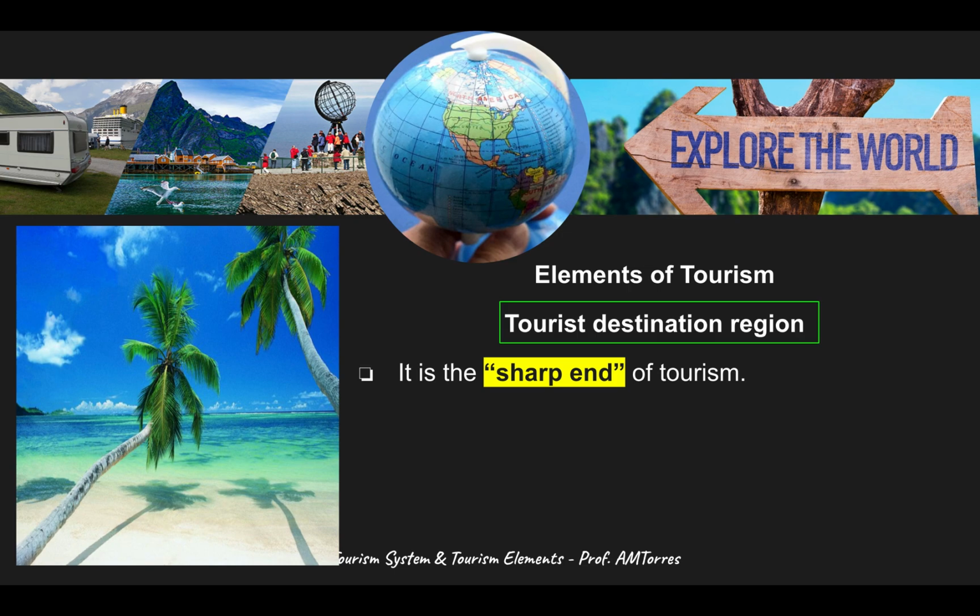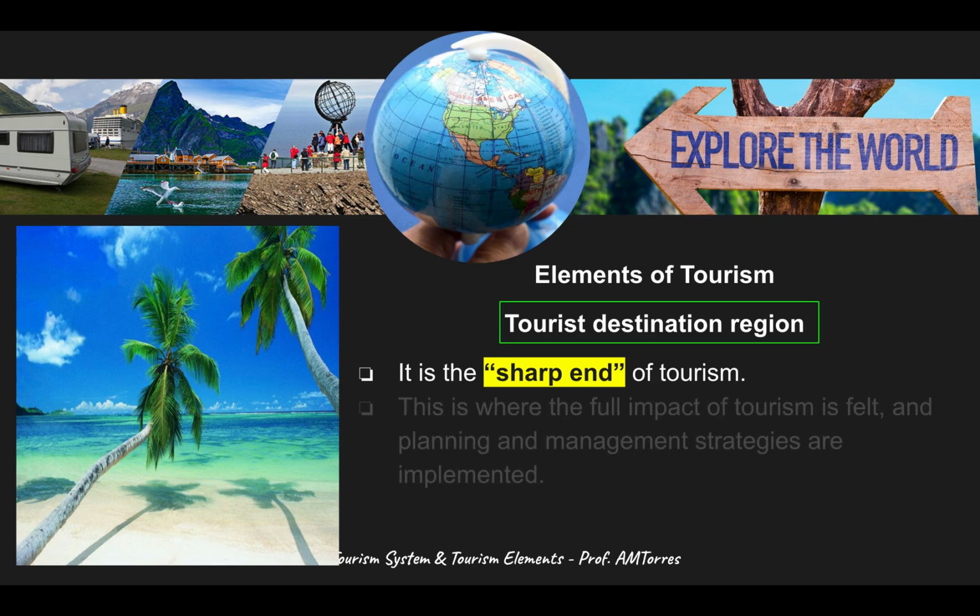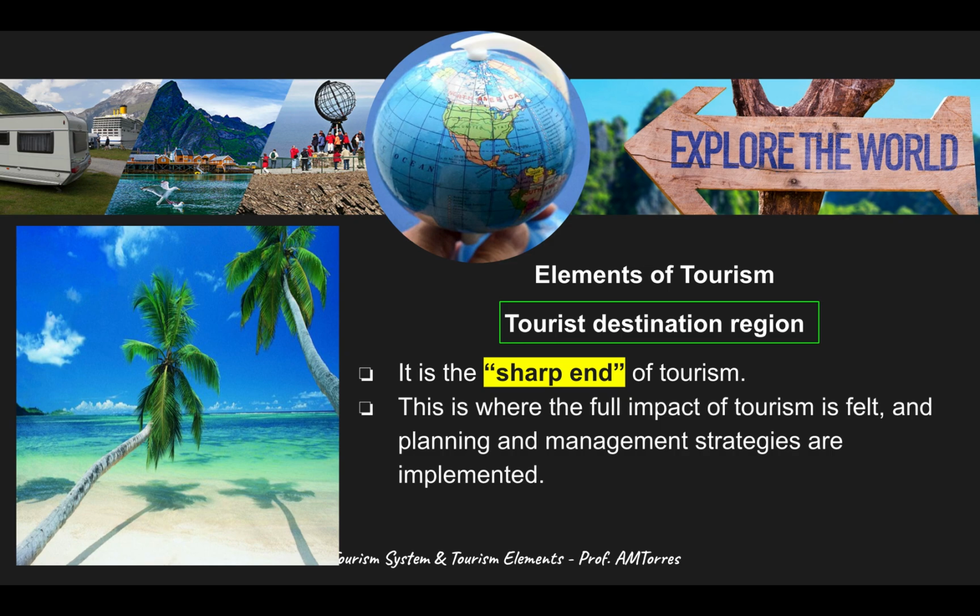The sharp end, I would say, is the reality of the destination. It is where the full impact of tourism is felt, and where planning and management strategies are implemented.